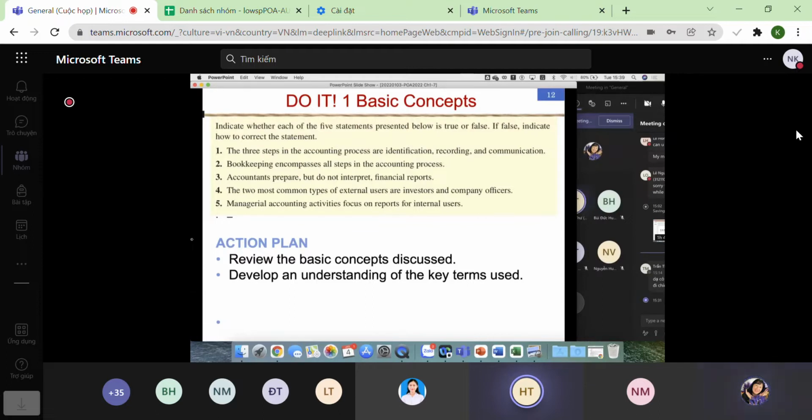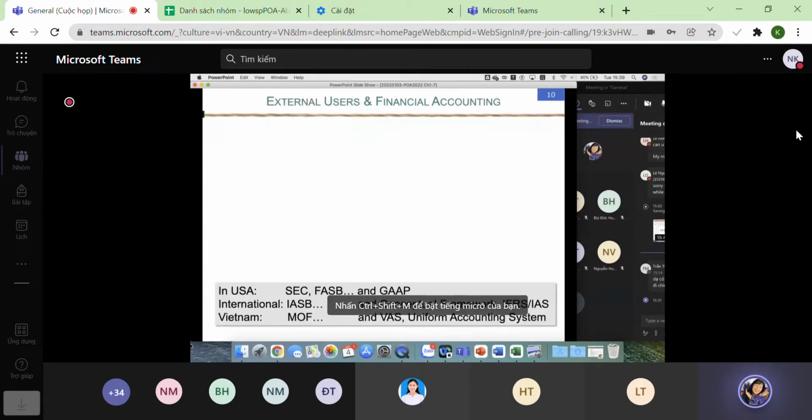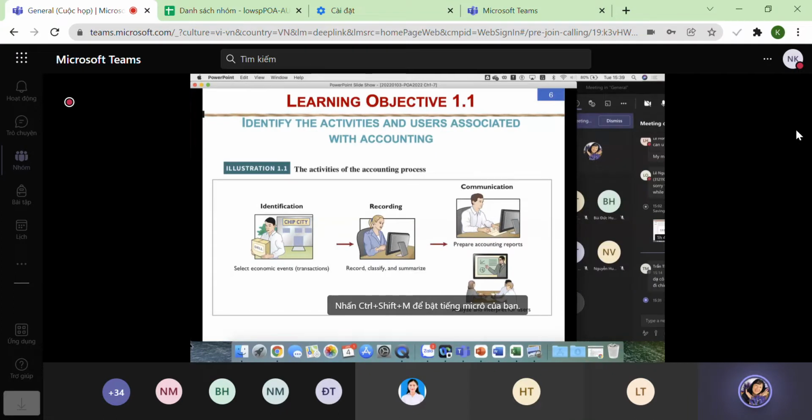What do you think about bookkeeping? In which step do we have bookkeeping? The recording process. In the recording step, we have bookkeeping. We use a bookkeeping system to record things.